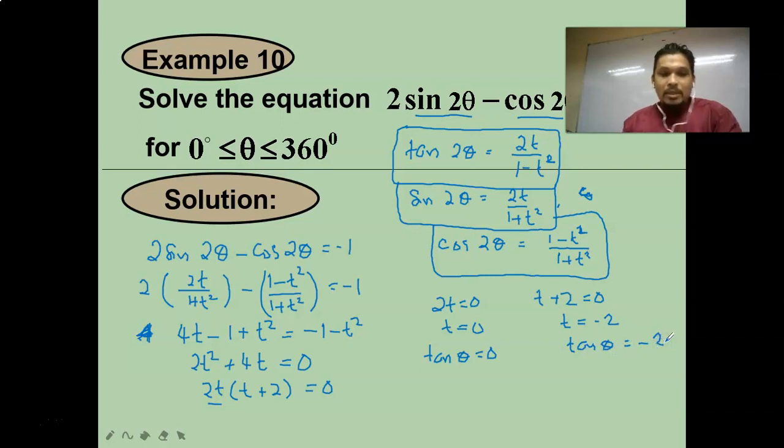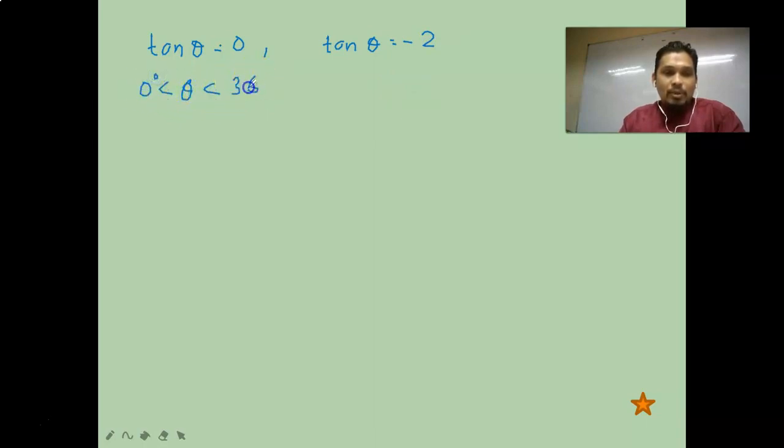So from the given here, tangent theta equals 0 and tangent theta equals negative 2. Okay, from now, given that theta lies between 0 up to 360 degree.